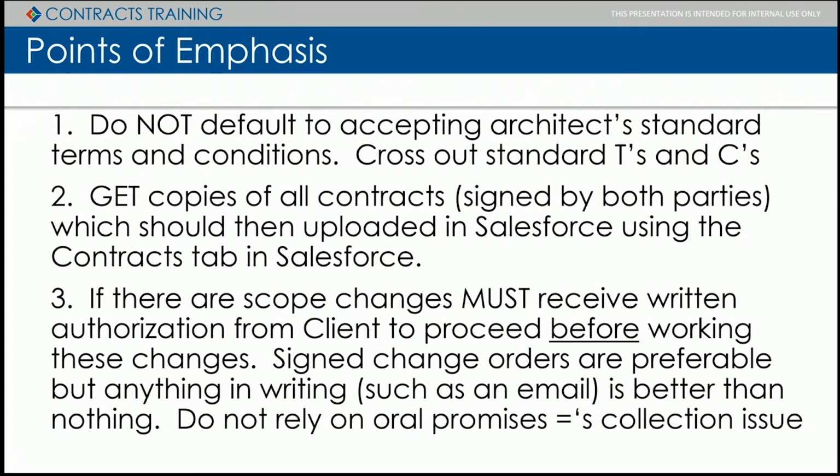I say AIA is good, but many times you're sent a contract, they say it's AIA, but then they've changed and revised pretty much everything in the AIA contract such that it really doesn't provide us the equal playing field that the AIA contract is designed to create.